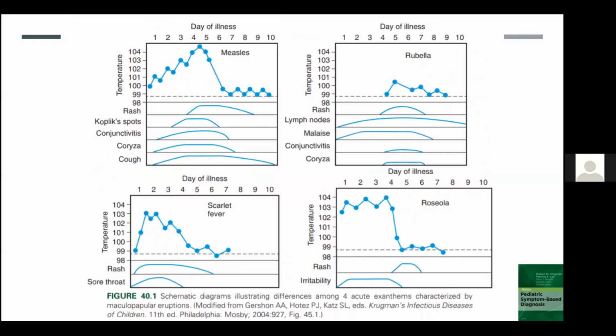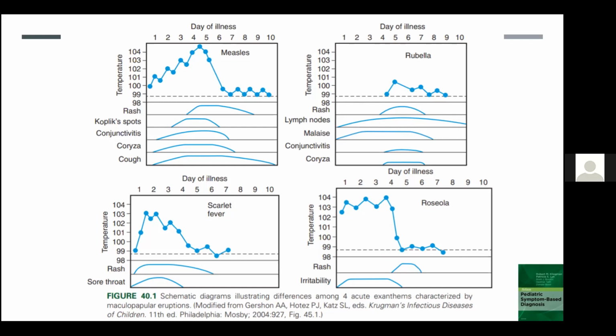Just looking at measles, German measles, scarlet fever, and roseola, you can also look at the pattern of the rash and the fever to decide. In measles and rubella, you can see the temperature is not that high, and if you feel the occipital lymph nodes, that can often be a clue to German measles, and they far less commonly get conjunctivitis or coryza.